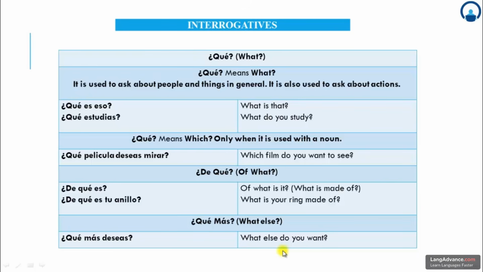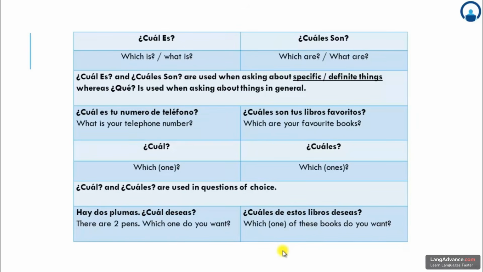Next we move on to the next part of interrogatives. ¿Cuál es? ¿Cuál es means which is or what is. And if we convert this into plural, it will be cuáles son, which are or what are.